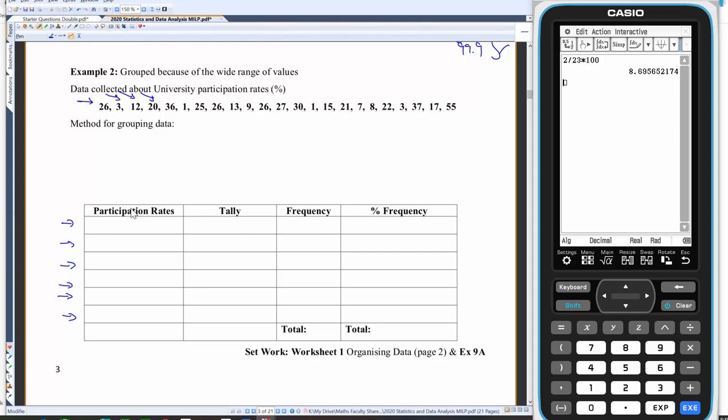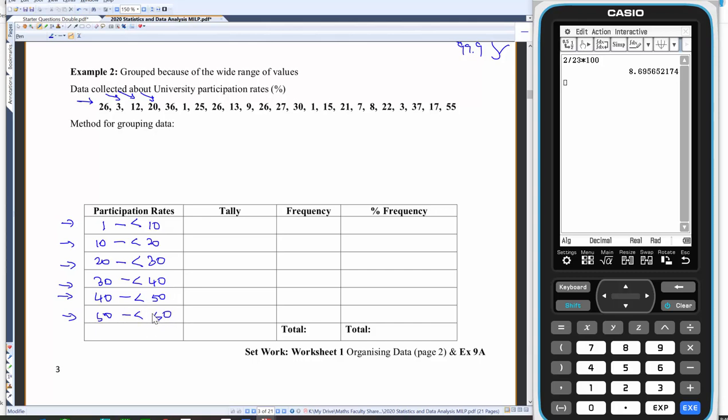So what I'm going to do is put the participation rates as 1 through to less than 10. That's my first grouping: 1 up to, but not including, 10. Then 10 up to, but not including, 20, 20 up to, but not including, 30, 30 up to but not including 40, 40 up to but not including 50, and 50 up to but not including 60.